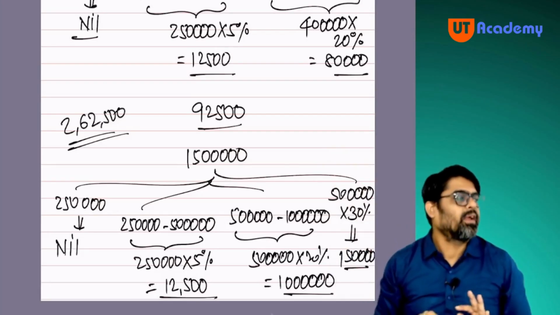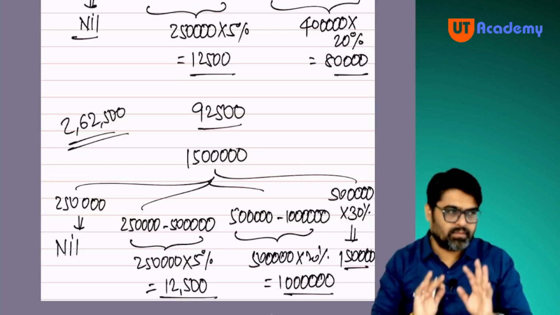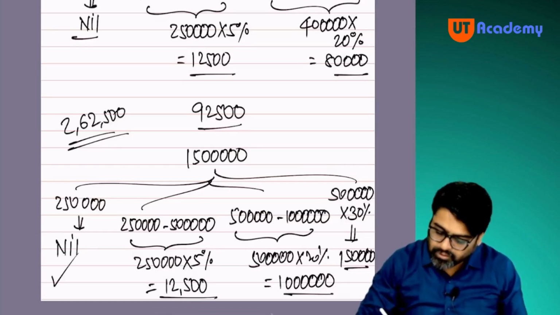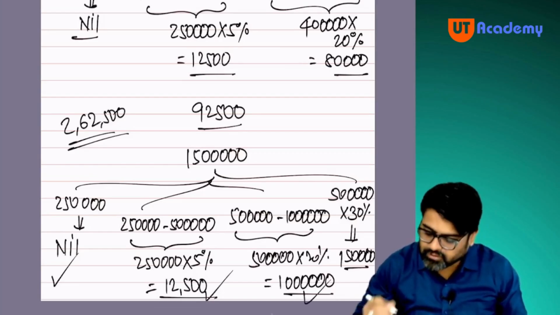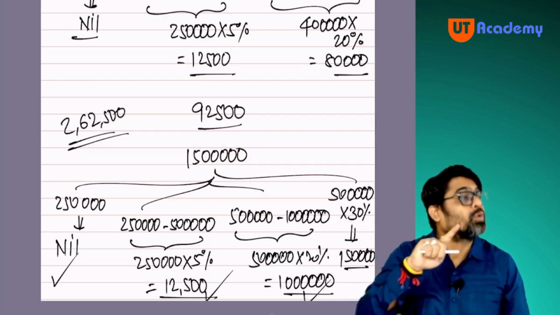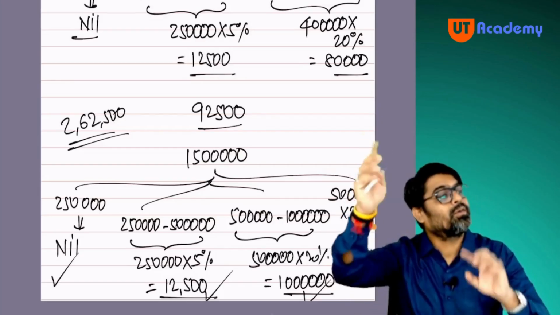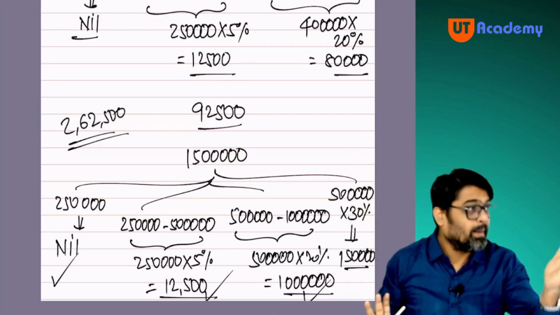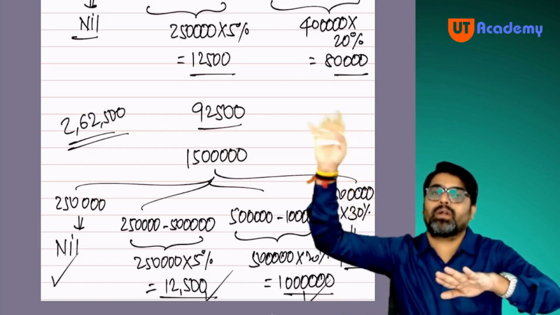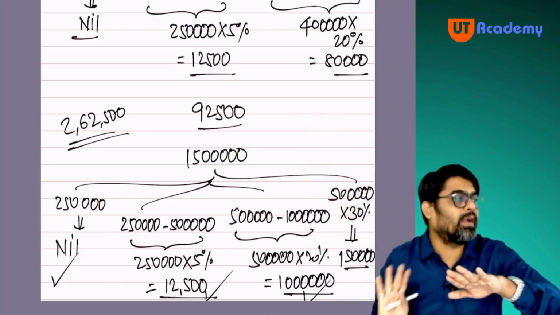So can I say, if your total income is 15 lakhs, this is fixed, this is also, and this is also. Now you are supposed to just calculate 30% of total income, which is over and above 10 lakhs. So nil plus 12,500 plus 1 lakh, and anything over and above 10 lakh, on that you calculate 30%.